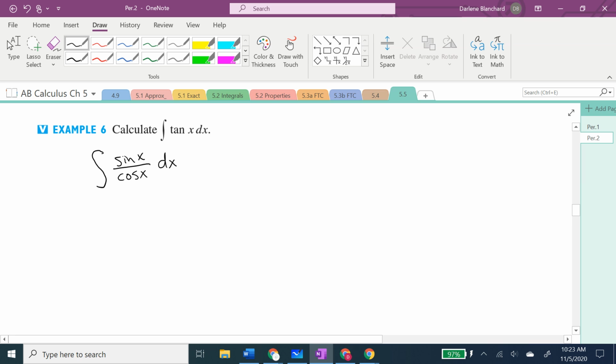I said a moment ago that sometimes a really good u is just plain the denominator. And that is this case. The derivative of cosine is sine.